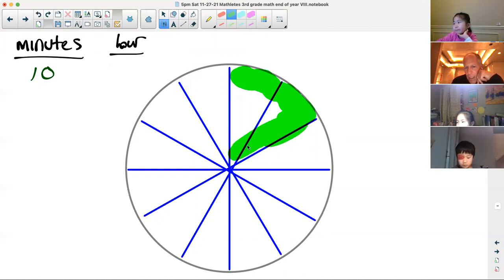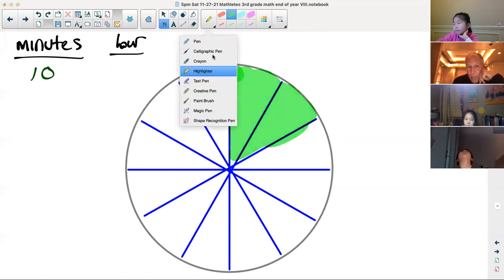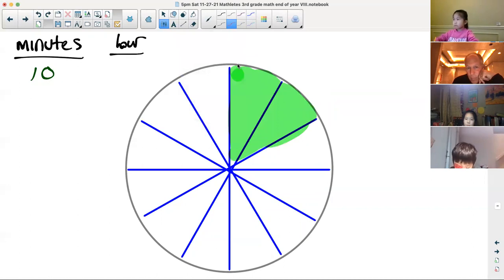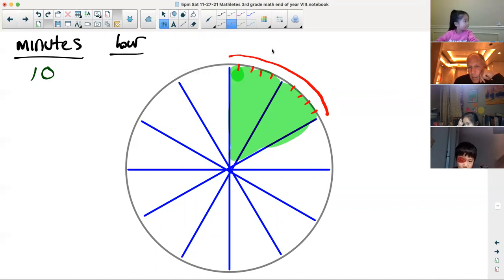And the question is, what fraction of 1 hour is 10 minutes? So these are 10 minutes.